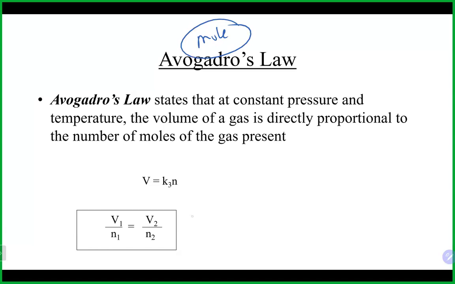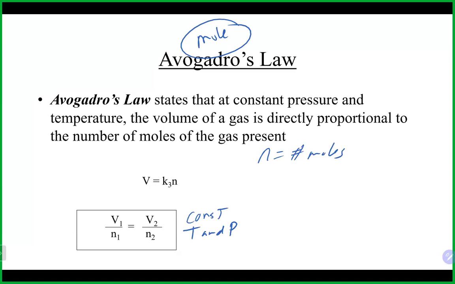It has a relationship at constant temperature and pressure, and n is the number of moles. So this is V1 over n1 equals V2 over n2. It is a gas law like all the other gas laws, where you can plug and chug and solve for any of the missing values.